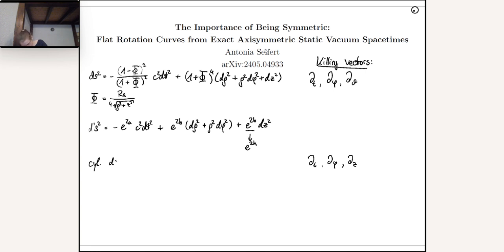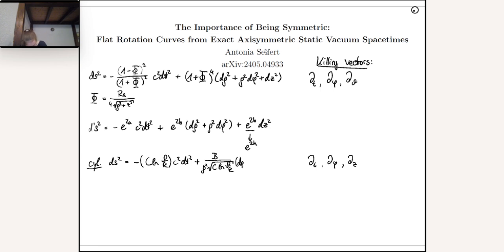And this is then given by ds squared is minus c ln(rho over R), with R and c some integration constants, times c squared dt squared, plus B over rho squared times the square root of c ln(rho over R), B again as an integration constant.